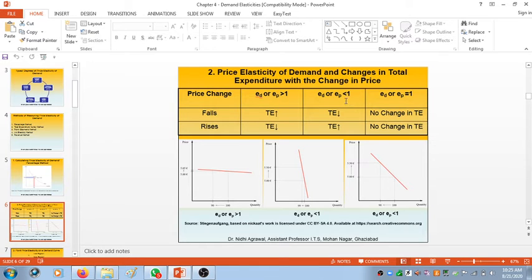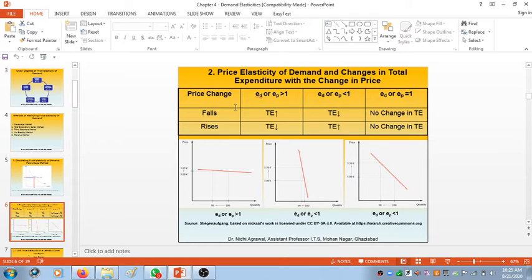When the elasticity value is less than 1, it means lesser scope for the customer to shift from one product to another. Suppose a company lowers the price of the product.